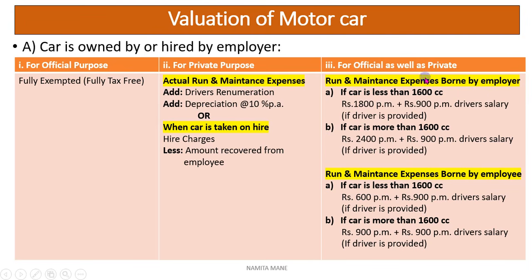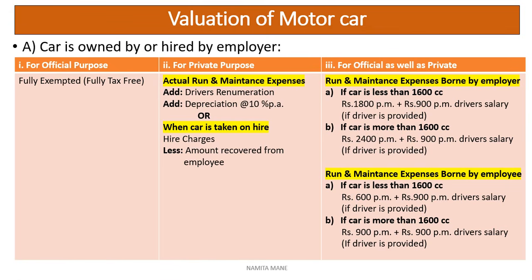Now the expenses of the car, if they are borne by the employer, and if the car is less than 1600 cc, what is the taxable amount? 1800 per month plus 900 per month for the driver's salary. But the car which Miss Raki is using has a cc of more than 1600.